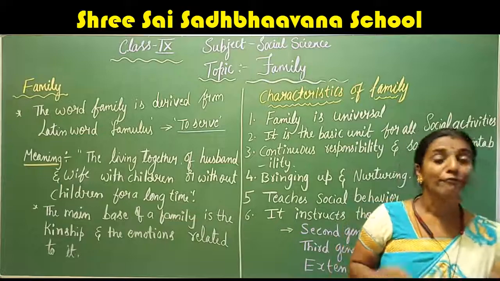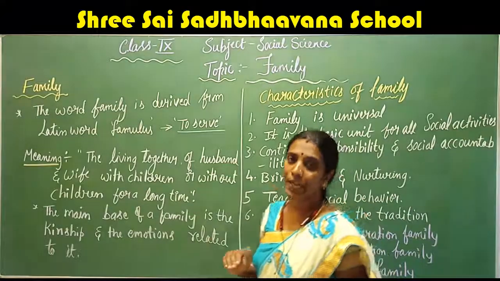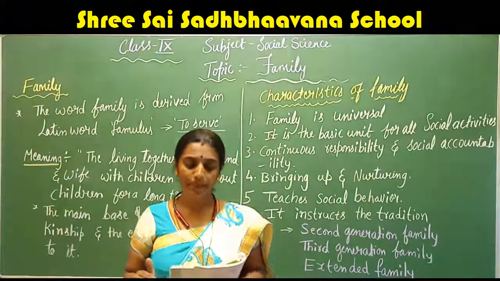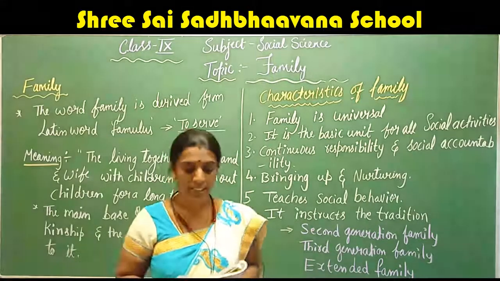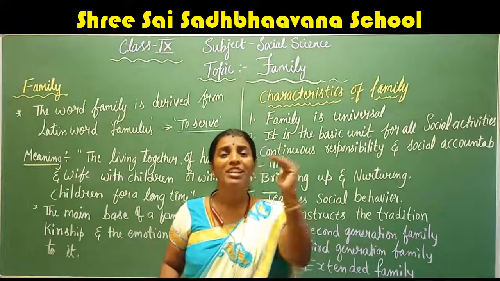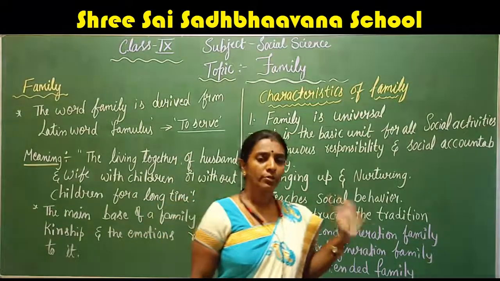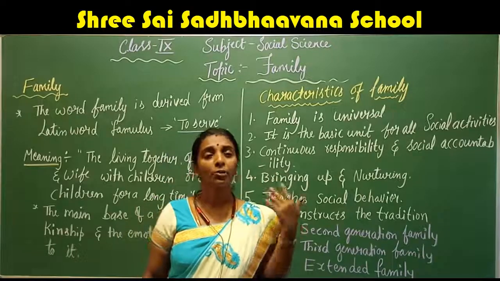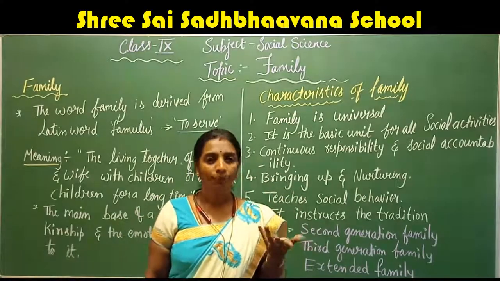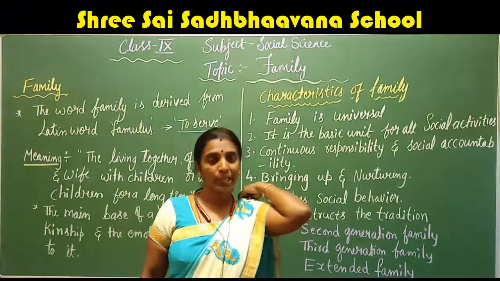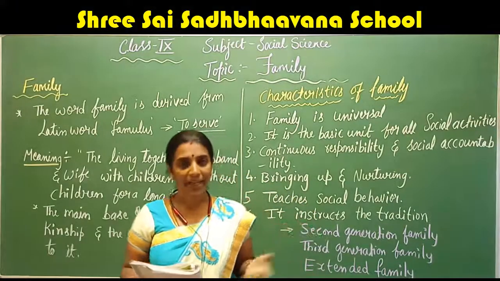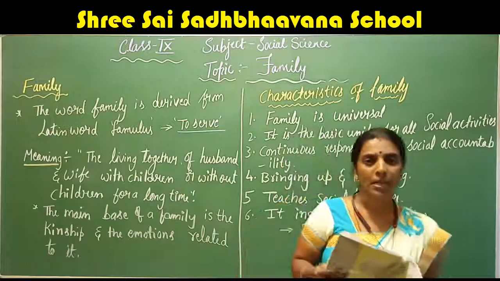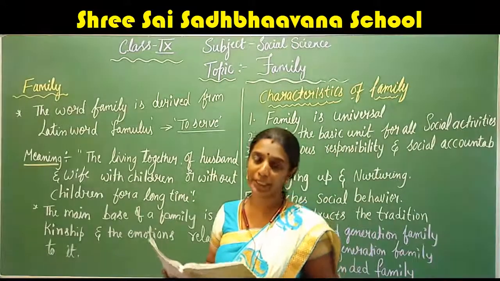Usually the families follow a fixed pattern in issues like marriage, nurturing, kinship and property rights. Different families will have their own fixed pattern according to maybe the religion or the caste. Nurturing means bringing up the children, caring for and protecting them.